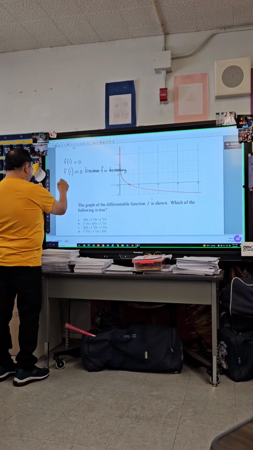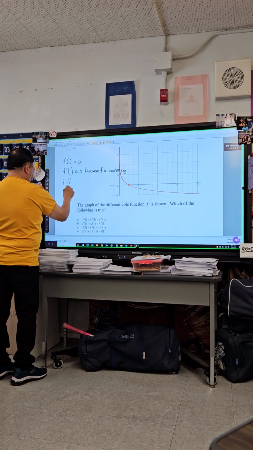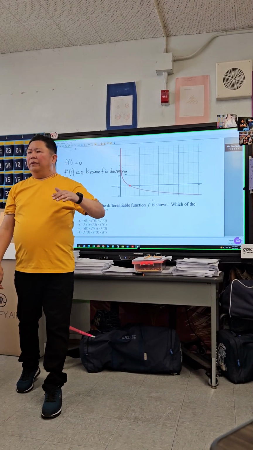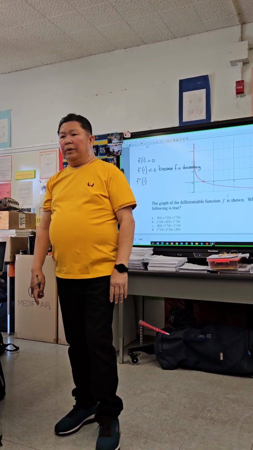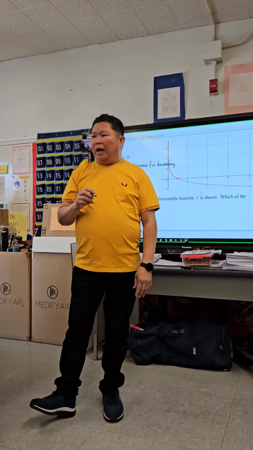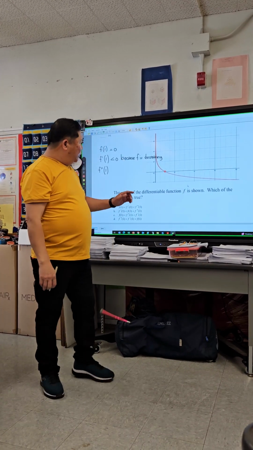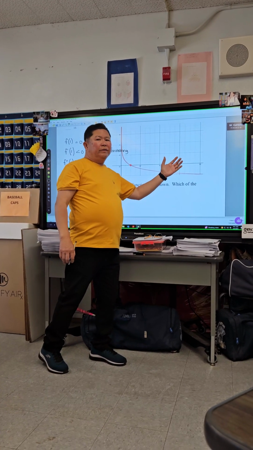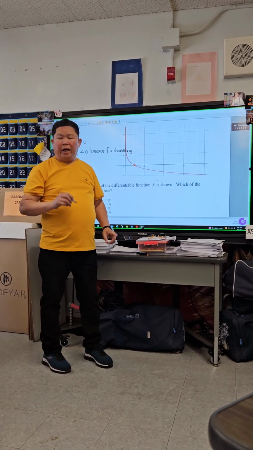And then for us to have the second derivative. Now, the second derivative focuses on concavity, whether it is concave up or concave down. You get me? Now, by looking at the concavity, what is the concavity of this? Concave up.